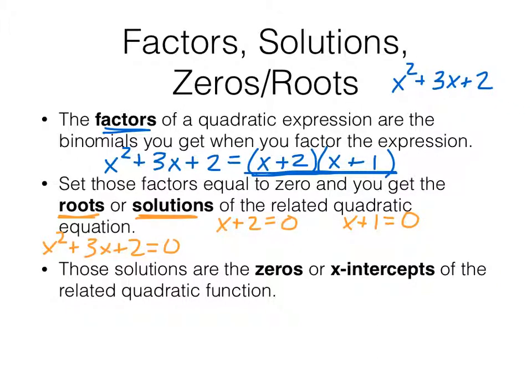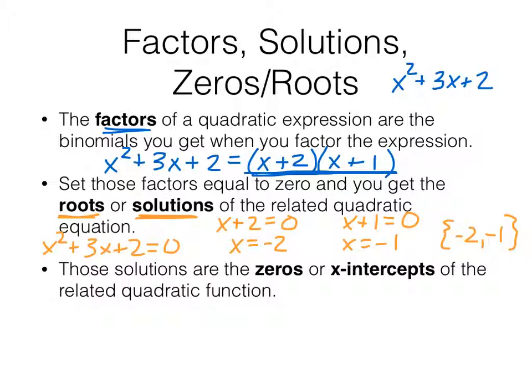And when I solve these, I get my solutions, so -2 and -1. Those are the solutions to the related equation. Finally, those solutions are also the zeros or x-intercepts of the related quadratic function.